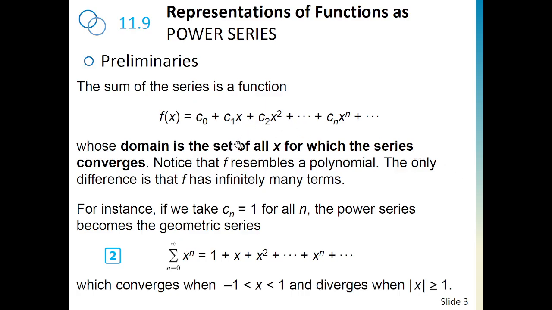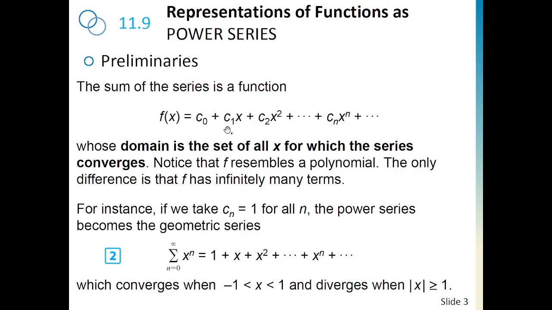Just reminders, we know that a power series is actually a function. When it's convergent, we can equate it to some explicit expression of a function, and that function is defined for all values of x that are in the interval of convergence of the series.